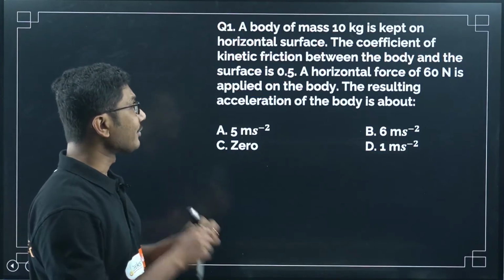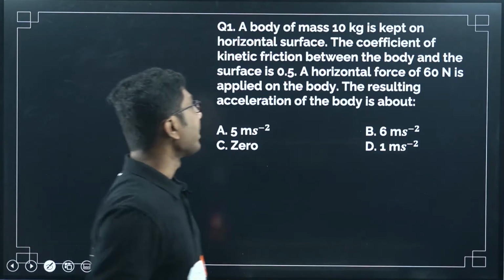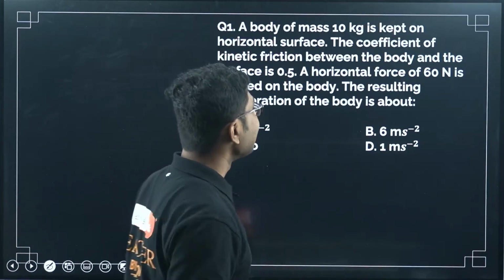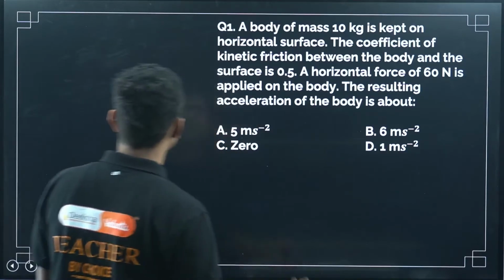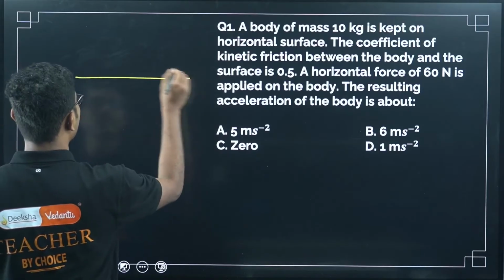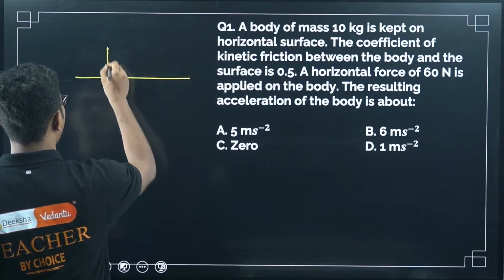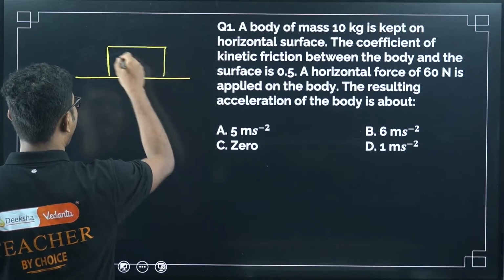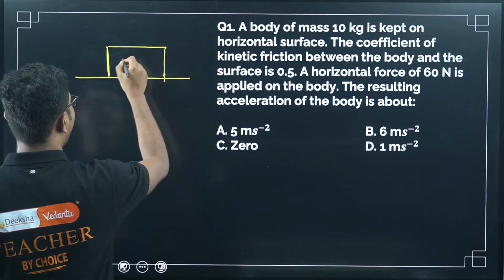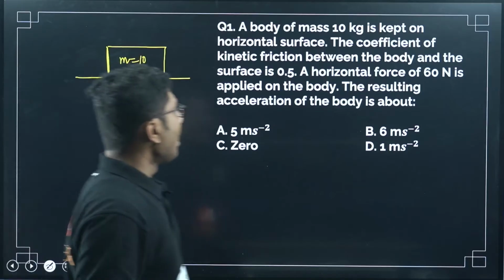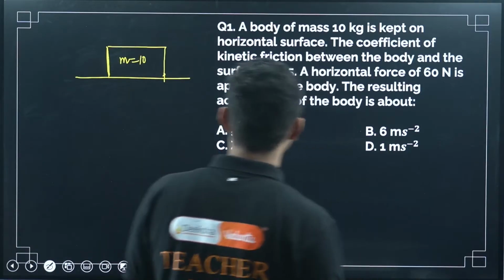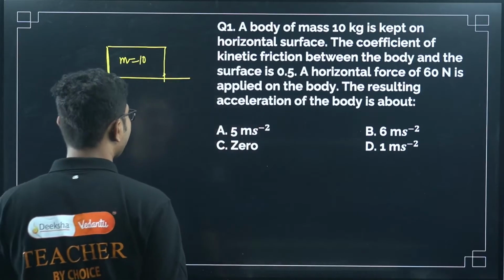So let's start with question number 1. A body of mass 10 kg is kept on a horizontal surface. The coefficient of kinetic friction between the body and the surface is 0.5.